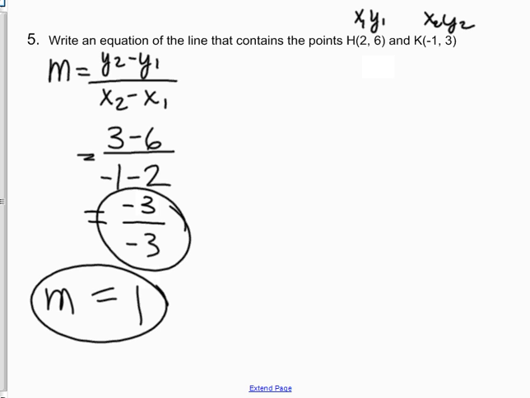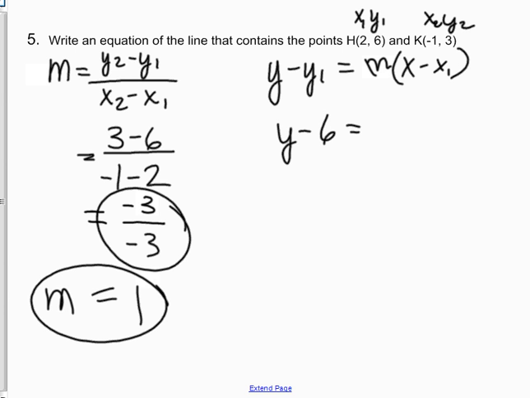Then we're going to put it in the point slope formula. y minus y1 equals m times x minus x1. All right. So let's plug her all in. y1 is 6. The slope is 1. x1 is 2. All right.